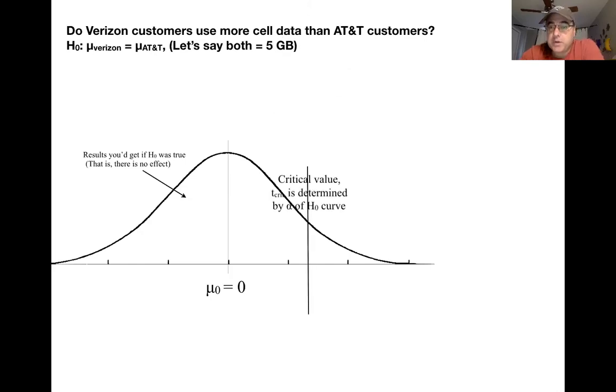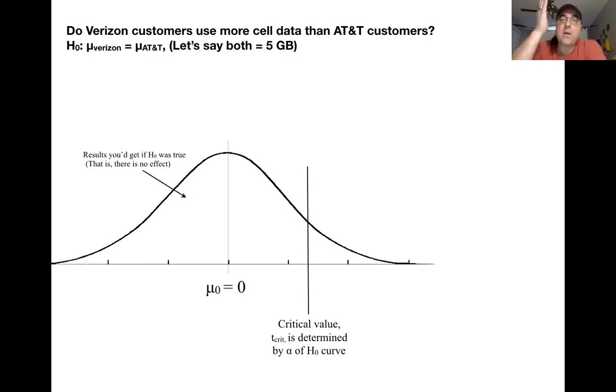You drop a critical value in considering only that null distribution. The critical value is where the alpha proportion of this distribution begins. That is to say, the most extreme alpha of this distribution begins. So the thing to keep in mind here is that the critical value is determined completely by what is going on in the null distribution.